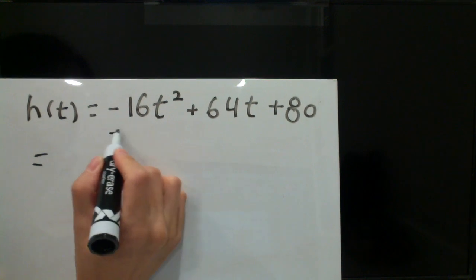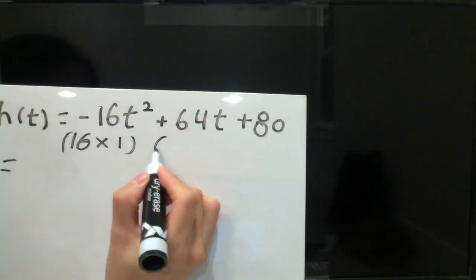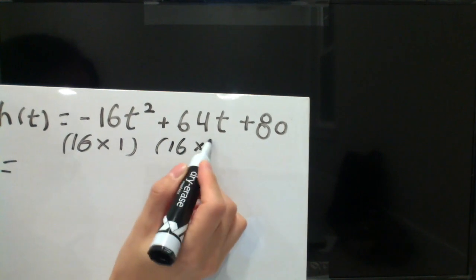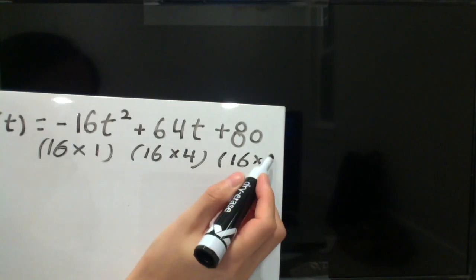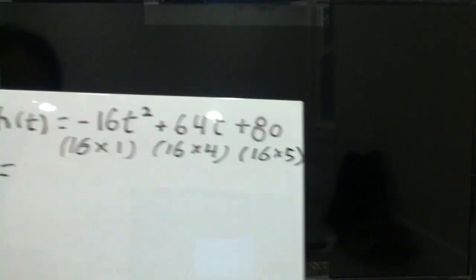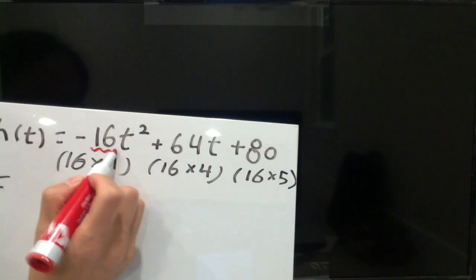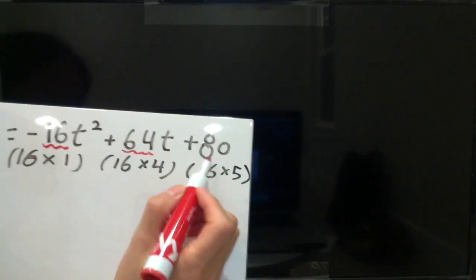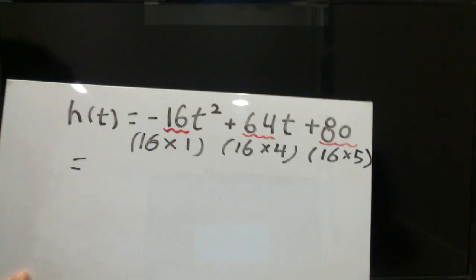This is 16 times 1. This is 16 times 4. And this is 16 times 5. Here, this 16, 64, 80. Okay?